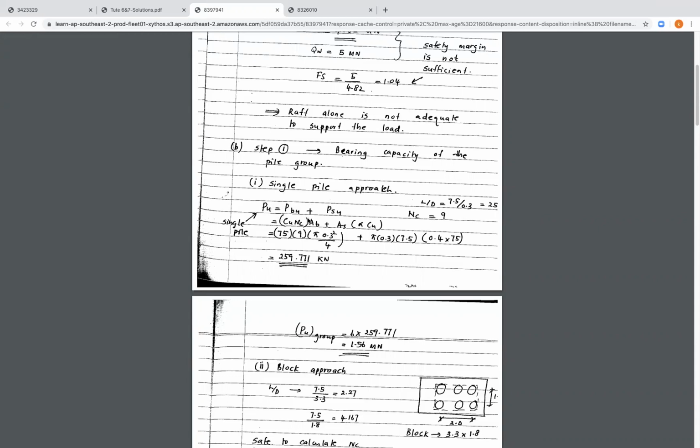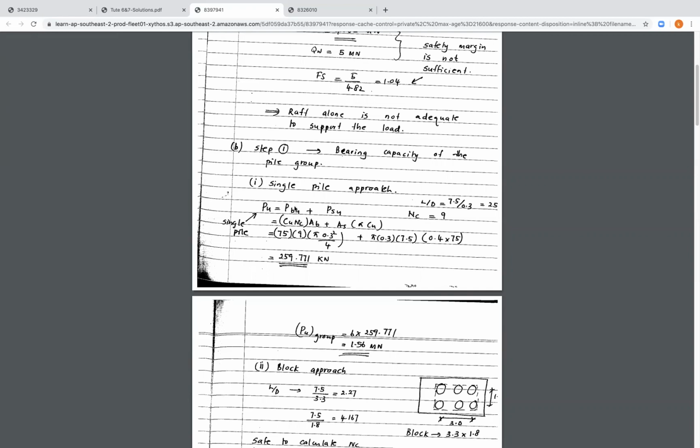So it's the same formula as the previous questions. The ultimate bearing capacity of the single pile is equivalent to the end bearing resistance plus the shaft resistance. Because we only have a clay layer, it's the same formula as previously.